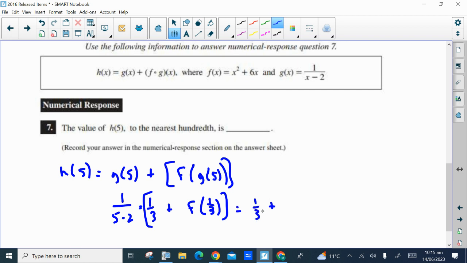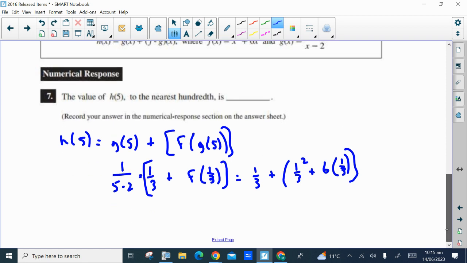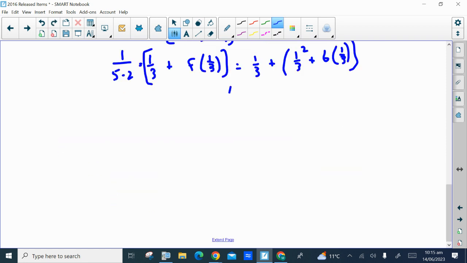So it'll be 1/3 plus, when x is 1/3, it'll be 1/3 squared plus 6 times 1/3. So that'll give us 1/3 plus 1/9 plus 6 times 1/3, which will be 6 over 3, which is 2.